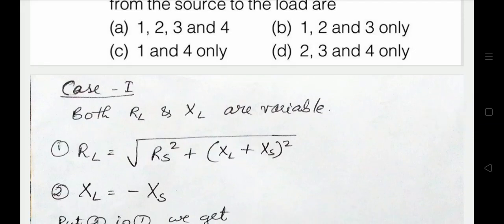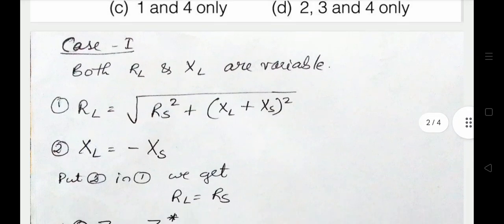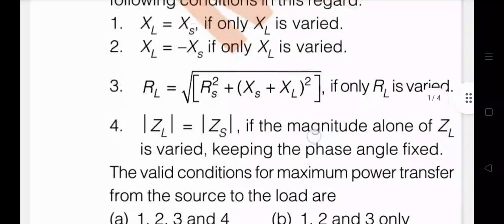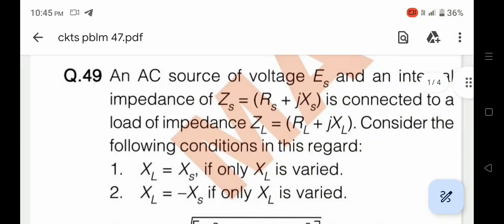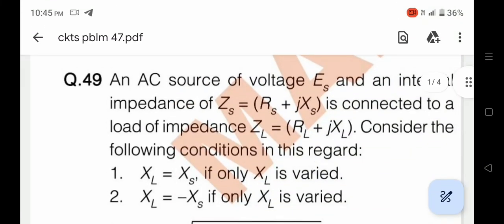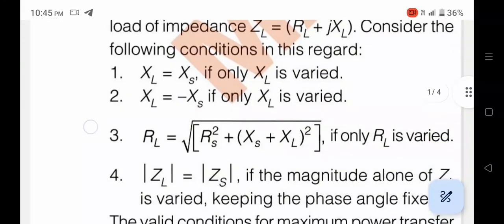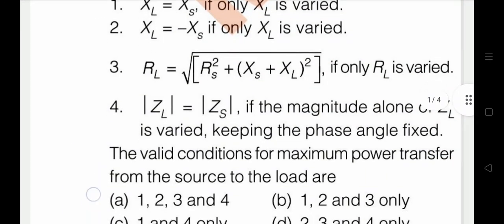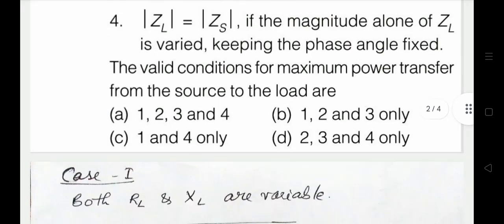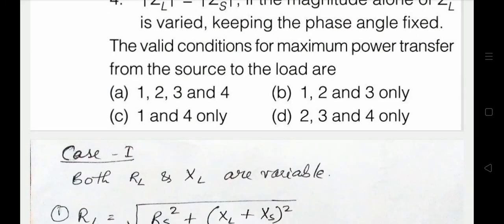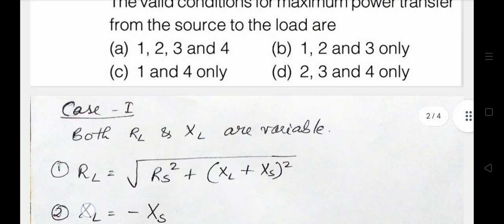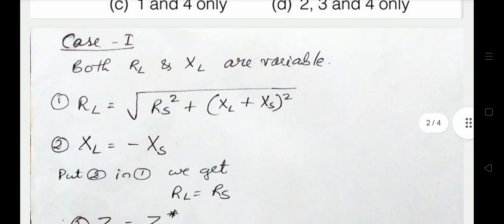In a DC circuit, we know RL is equal to Thevenin's resistance or internal resistance RS. Here they have given ZS as the internal impedance or Thevenin's impedance. If it is a DC source, RL is equal to RS or RTH, Thevenin's resistance. But when it comes to an AC source, we have to divide the circuit into four cases.